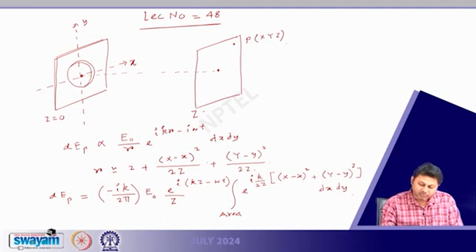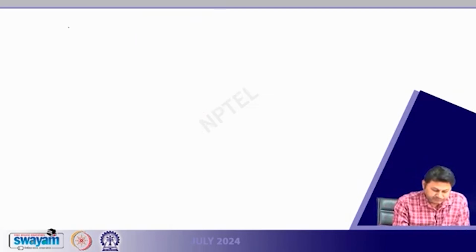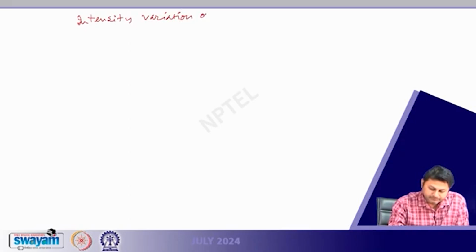We want to calculate how, if I move the screen over z, these things will change. For the time being we will not calculate the entire integral; rather, as I mentioned, we will look for the intensity variation over the z axis.